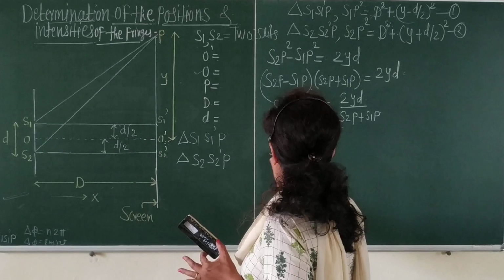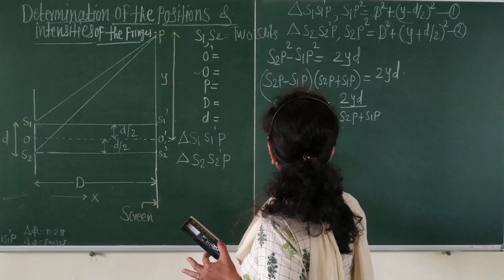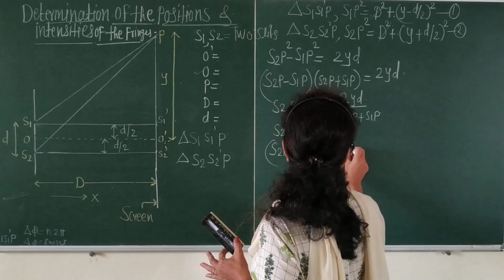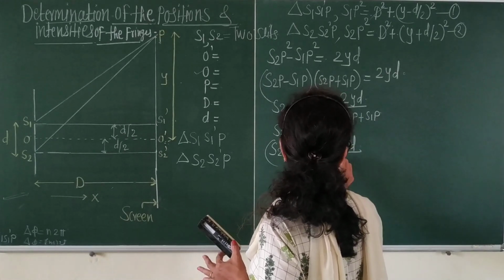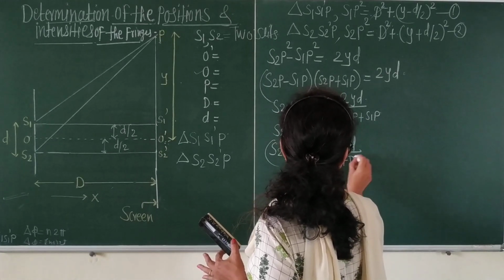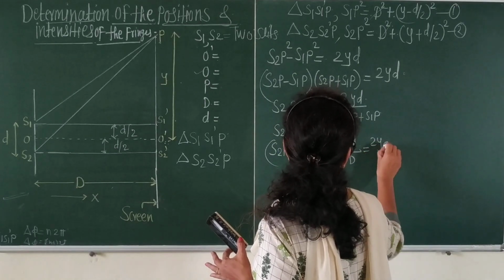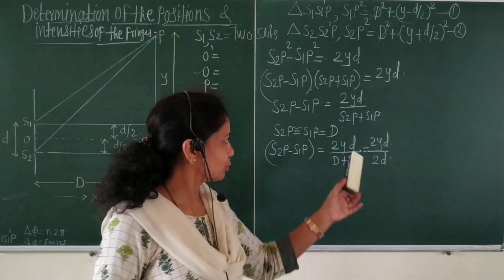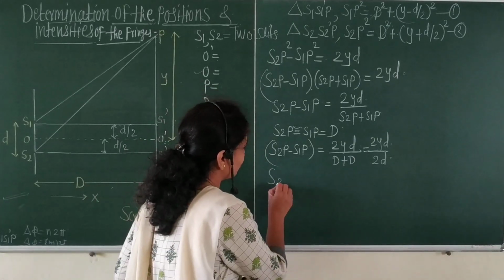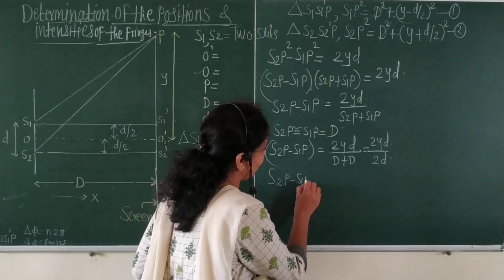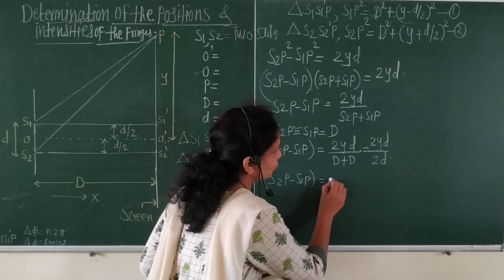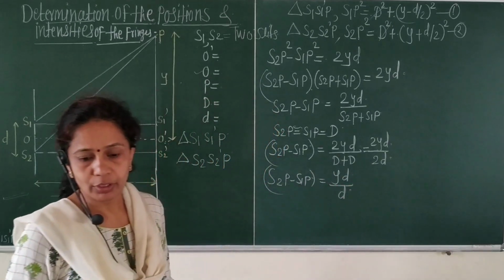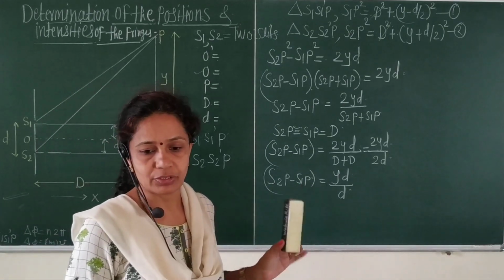Therefore we get the path difference S2P minus S1P equal to 2yd upon (D plus D), which becomes 2yd upon 2D. This 2 cancels, so S2P minus S1P is equal to yd upon D. We get this equation.